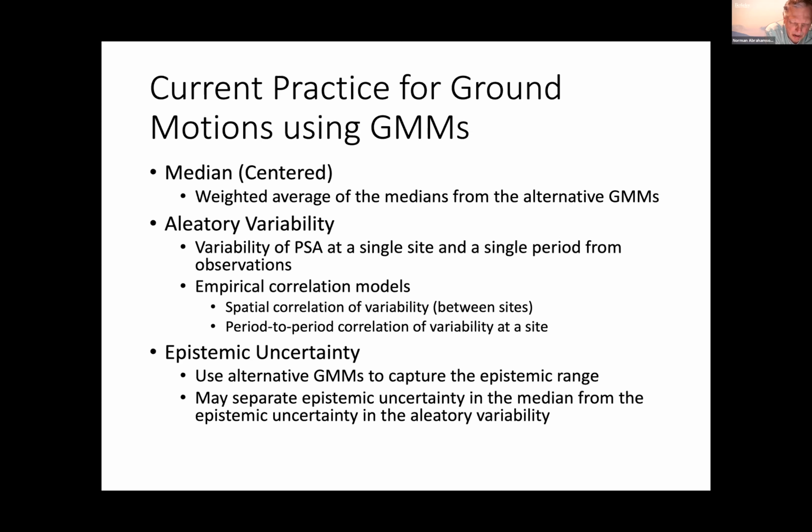Then the correlation models that Jack Baker talked about can be used to estimate pairs or suites of ground motions at multiple locations in a single earthquake, and the period-to-period correlation at a site. For our epistemic uncertainty, we use alternative ground motion models to get the range, and we might separate them into alternative median models and alternative standard deviation models. But we get all the pieces that we need to run hazard.